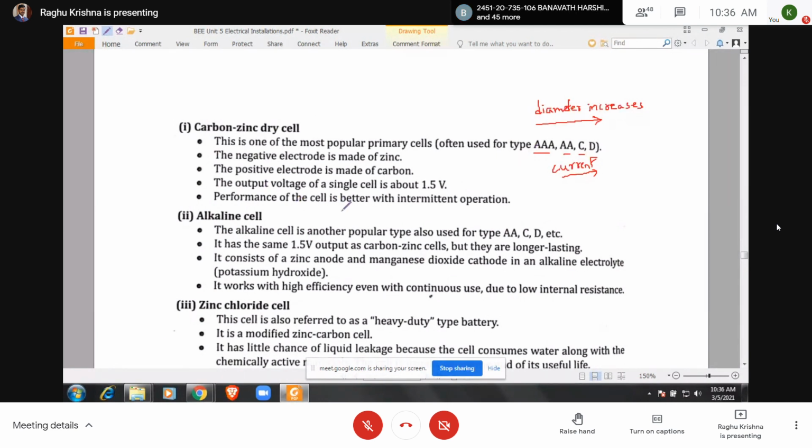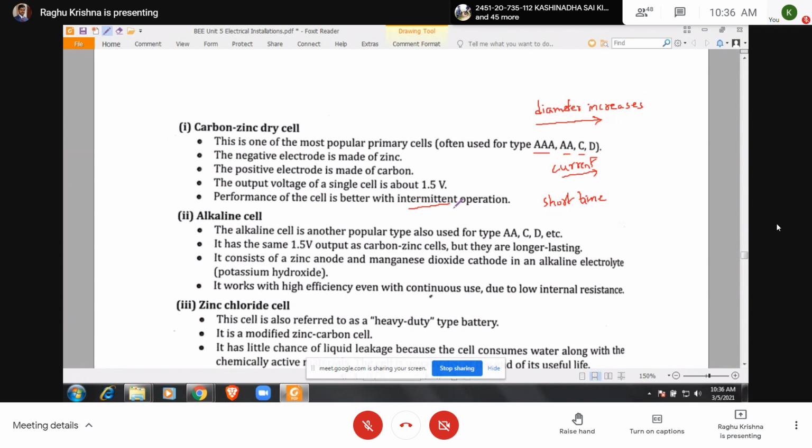The performance of the cell is better with intermittent operation. That means after using for a short time, you have to switch off the equipment. You have to give breaks. You must not use these batteries continuously.